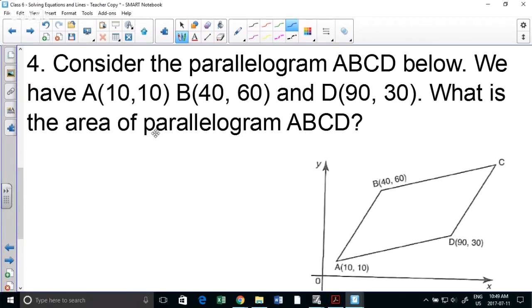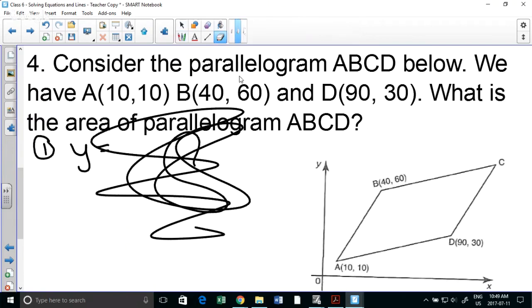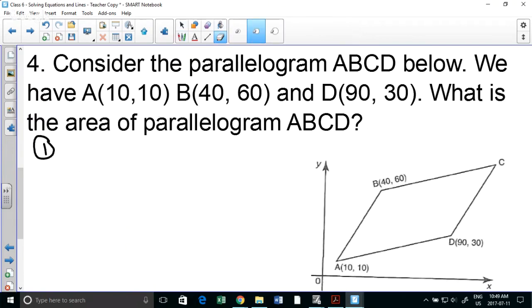So you need to find the area. So I left you with step 1. Step 1 said, calculate the rule of AD in general form. So we need this in ax plus b first.